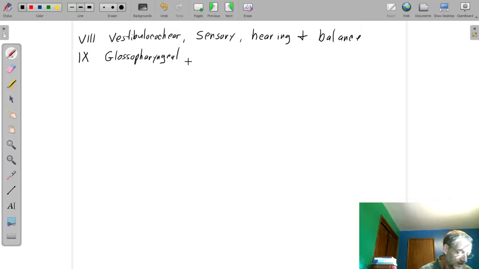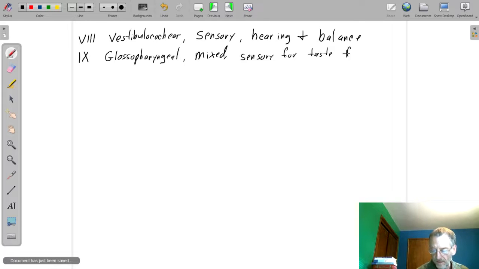And this is mixed. And it has to carry sensory for taste from the posterior 1/3 of the tongue.